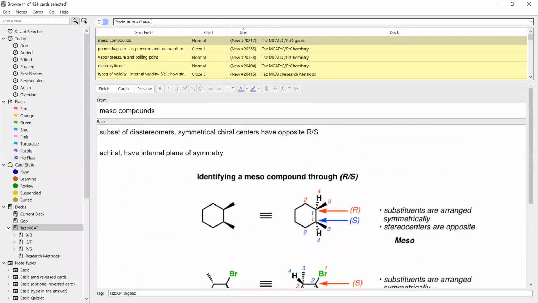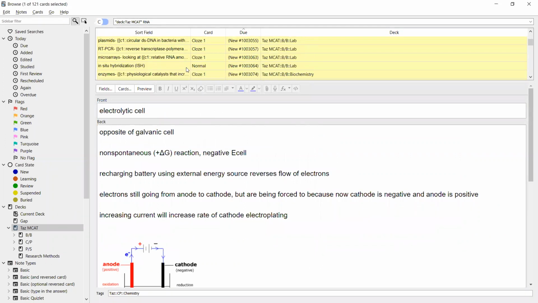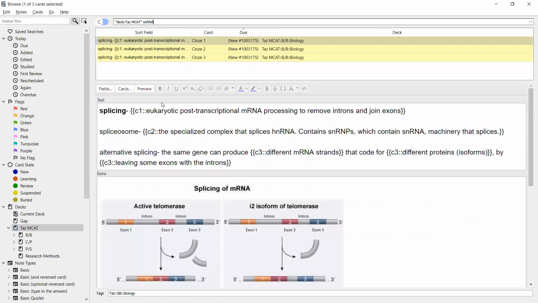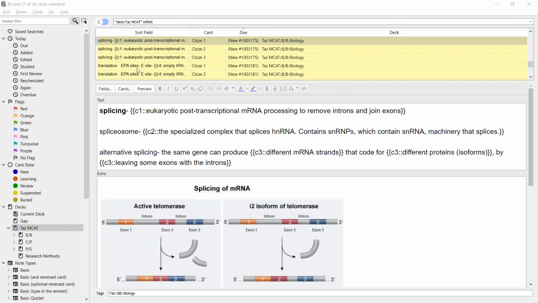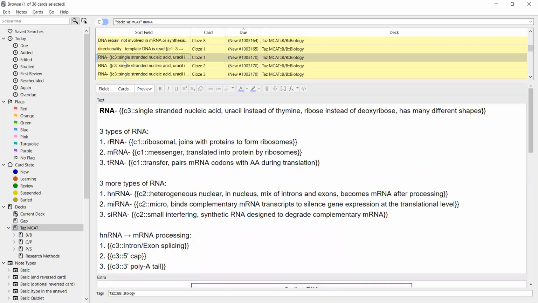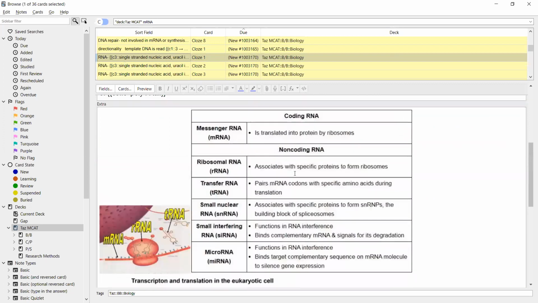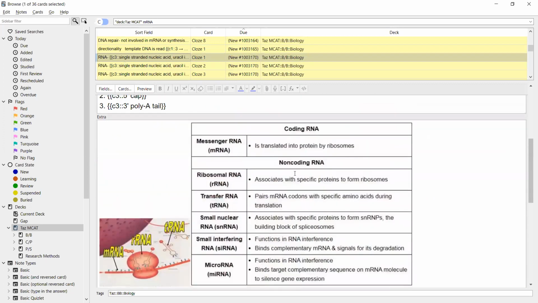This is very niche. There's a couple of different types of RNA, and I don't think you need to know most of them.